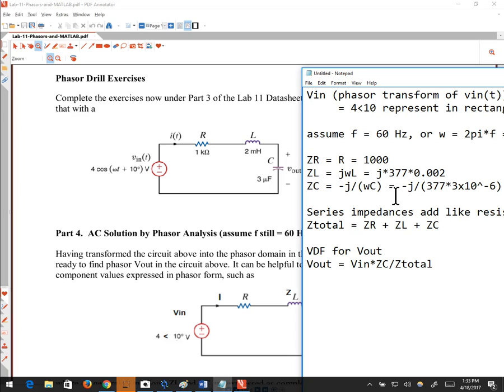Make sense? And what you get is a complex number, right? And then if you want to get V out of t, it's converting that complex number back into its magnitude and phase angle, and then constructing a cosine with that.